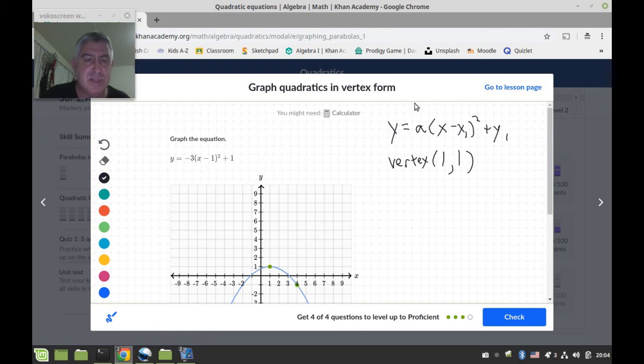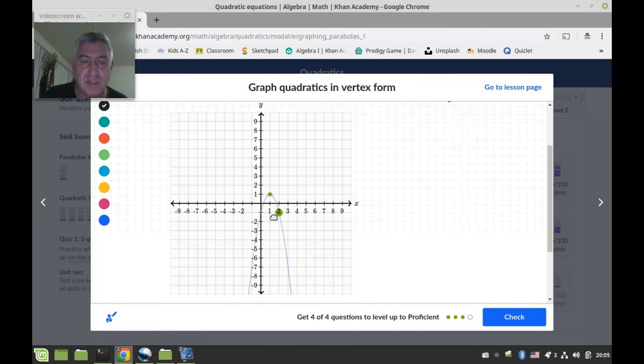What happens if I just put in 0? 0 is an easy number. So 0 minus 1 squared times -3 plus 1 is equal to -3 plus 1 is equal to -2.